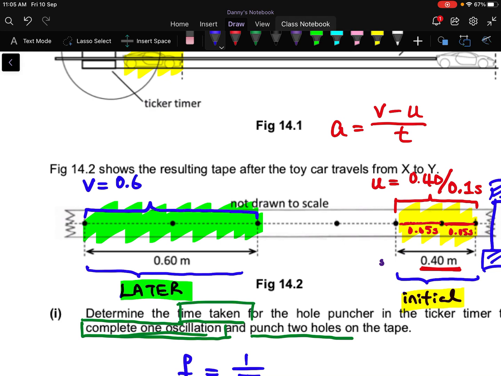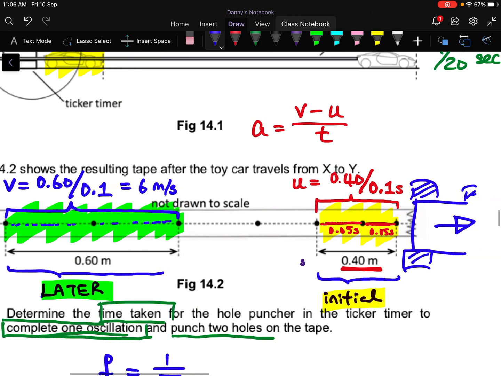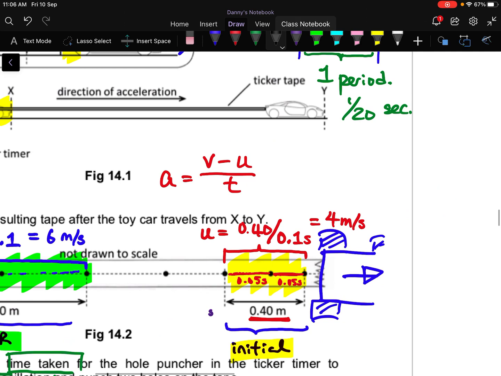So from here, I can actually find my final velocity, which is 0.6 divided by 0.1, because again, I have one gap, two gap. So far, so good. So if you calculate, this will give you 6 meters per second. This will give you 4 meters per second.